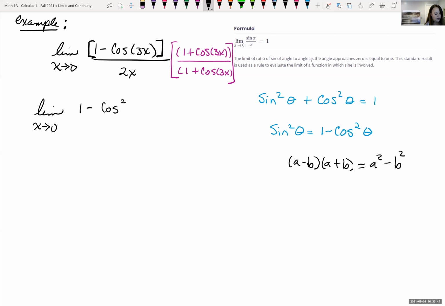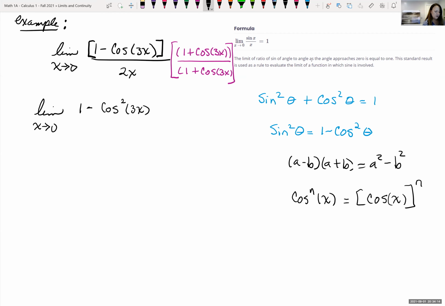We tend to write it with a square here. But again, if you have some trig function raised to some power n, this is the same thing as saying you're taking that trig function, in this case cosine of x, and raising it to the nth.